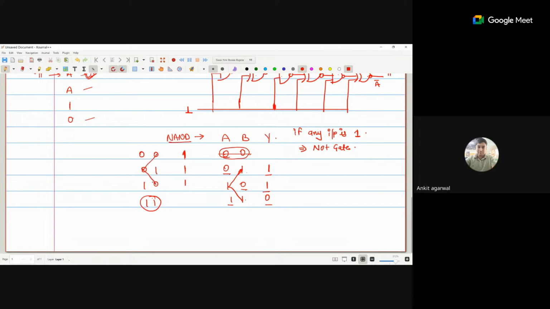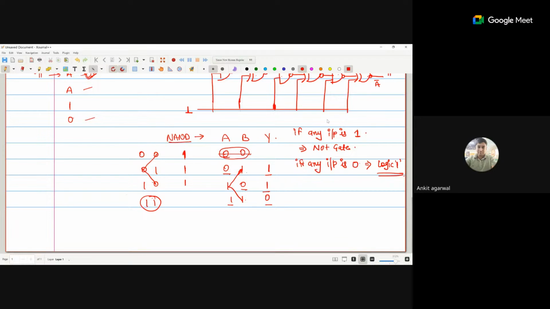Okay, so one input is 0. Okay, so if any input is 0, it behaves as always logic 1. Okay, neither a NOT gate, neither buffer, neither inverter, only as a logic one.